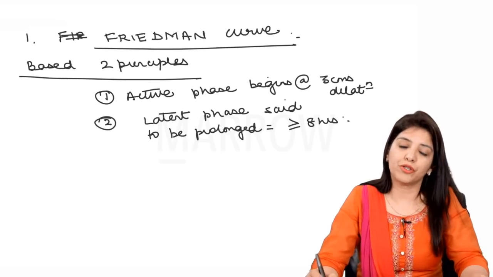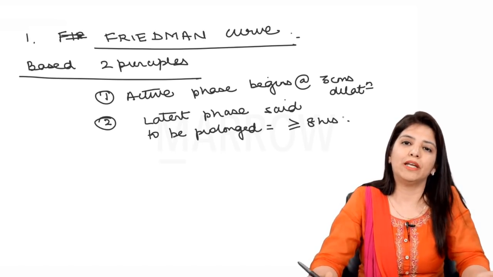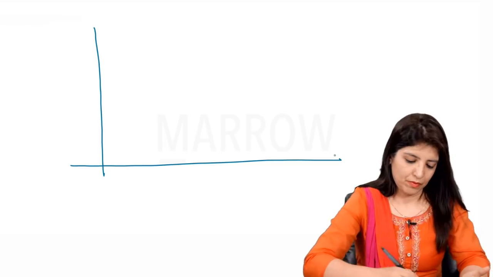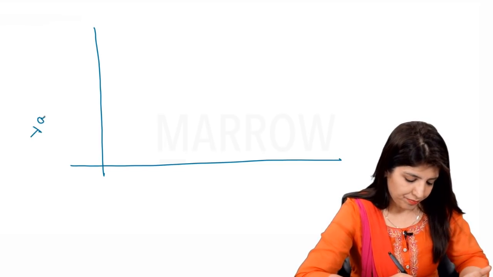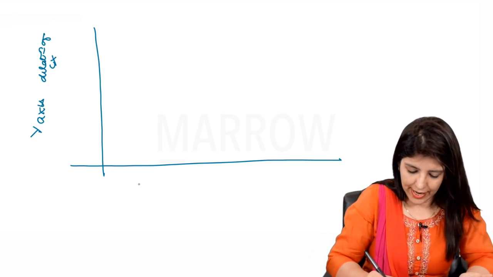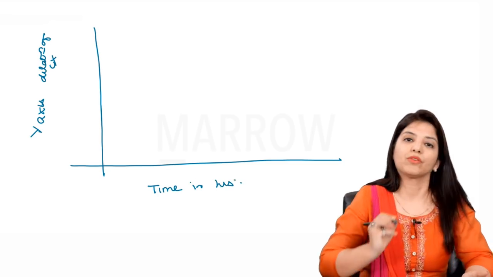So on this principle came the Freedman curve. Now, let's draw a Freedman curve. On y-axis, you will have dilatation of cervix. On x-axis, you will have time in hours, right?